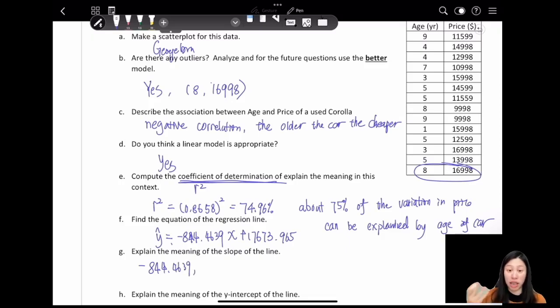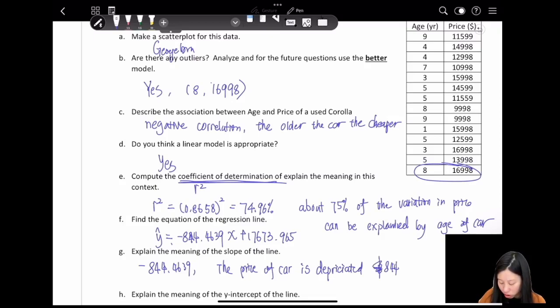That means when the car gets a year older, the price is going to depreciate. The price of the car depreciates $844 for each additional year.